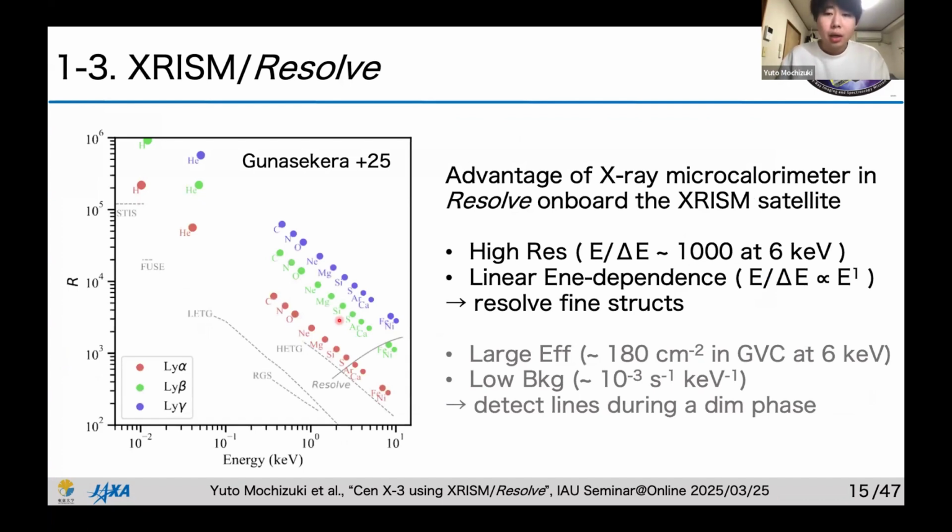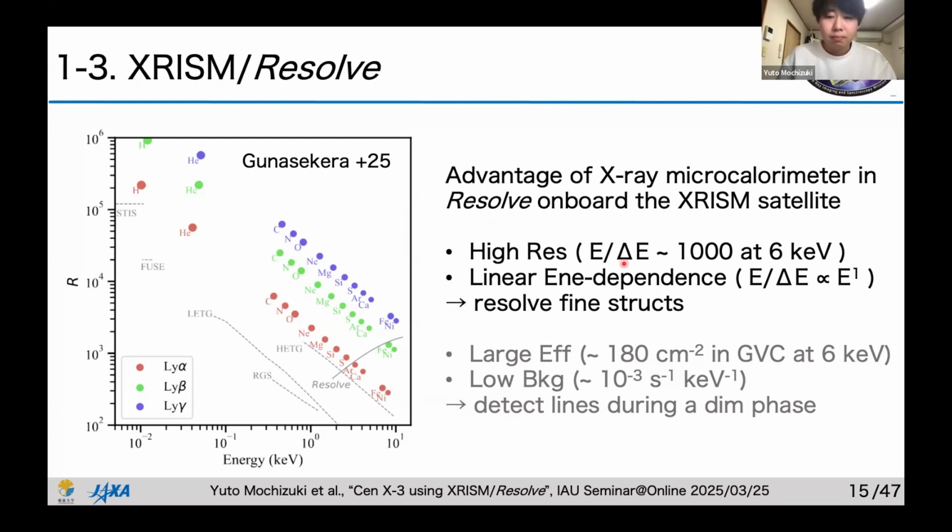The X-ray camera in Resolve has several advantages. First, it provides high energy resolution, more than 10 times higher than that of CCD detectors and about 3 times higher than that of grating detectors.